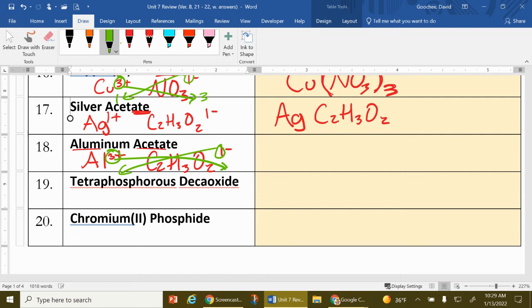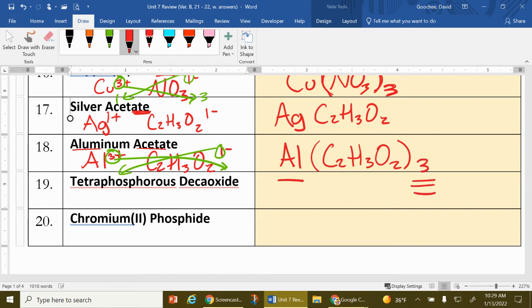That's how many aluminums we are going to have. The formula will be Al1, or just Al, and then C2H3O2, 3. 1 aluminum and 3 acetates. All right? This is 1 acetate. This is 3 acetates. There you have it. So there is aluminum acetate.